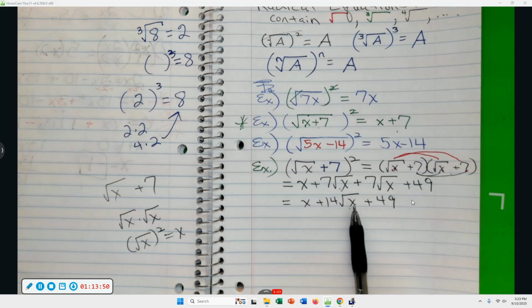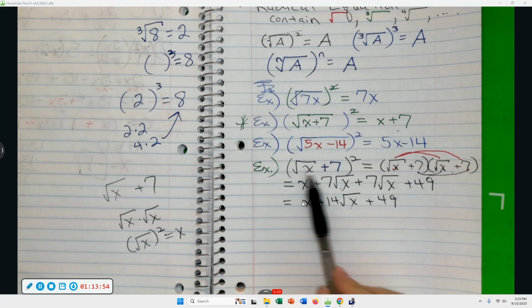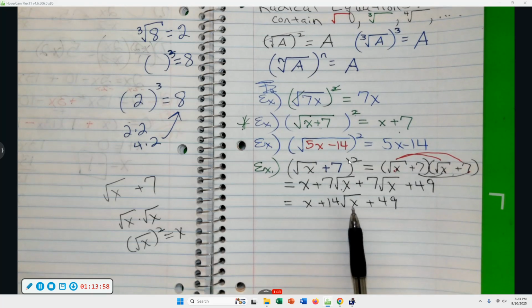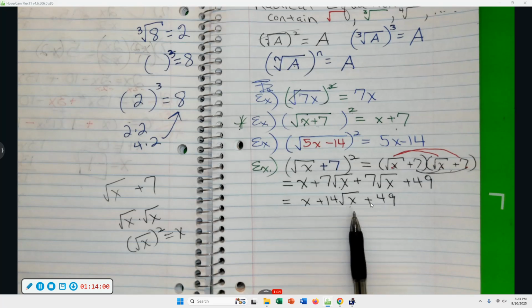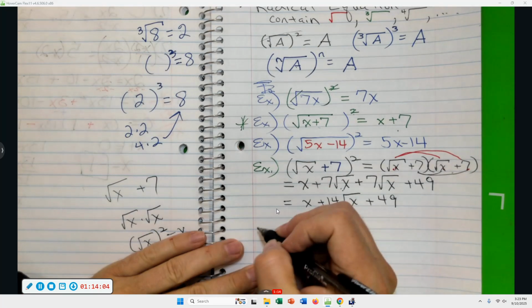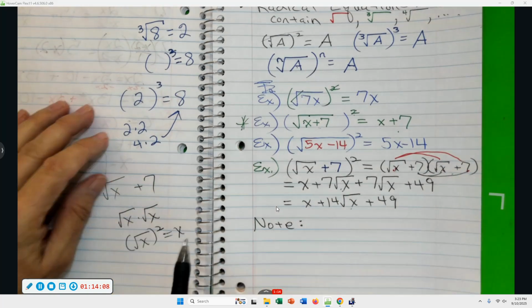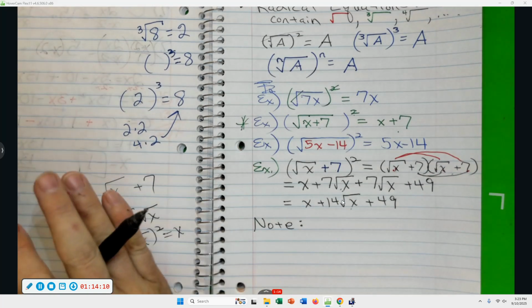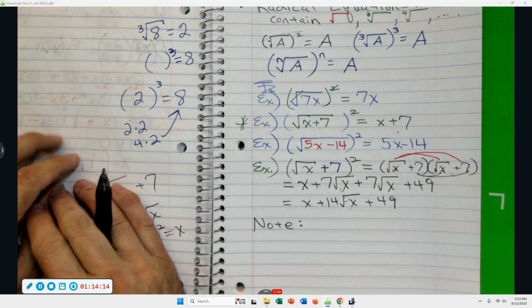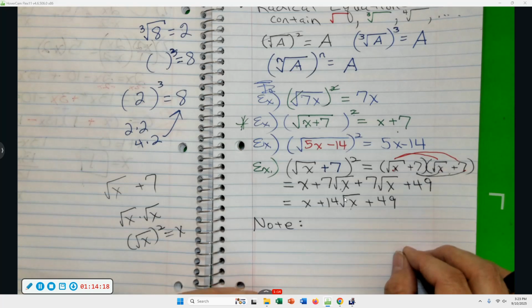The whole point of this last example was to show you that just squaring a square root doesn't eliminate the square root. As a matter of fact, you may get something worse than what you started off with. So, the moral of this story, note: we're going to be working with equations, so whatever you do to one side of the equation to maintain the equality, you have to do to the other side.